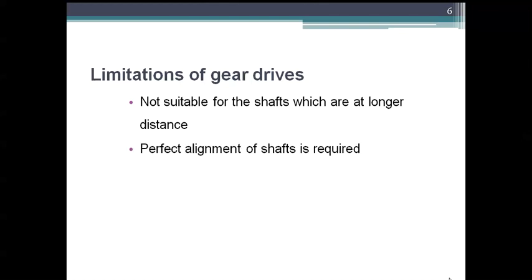And perfect alignment of the shafts is required. So there must be perfect alignment. If there is any small difference, there is a chance of wear damage to the teeth of the gears. So that's why we cannot use gears where the perfect alignment is not there in the shafts.